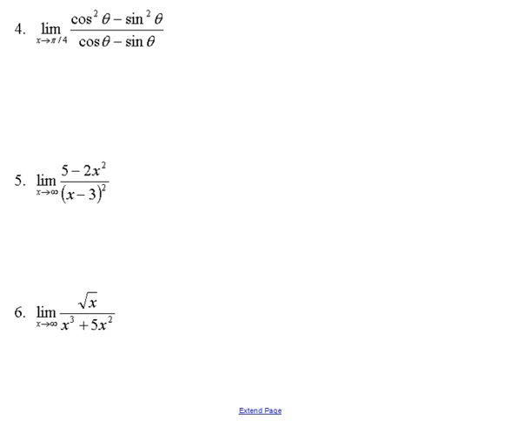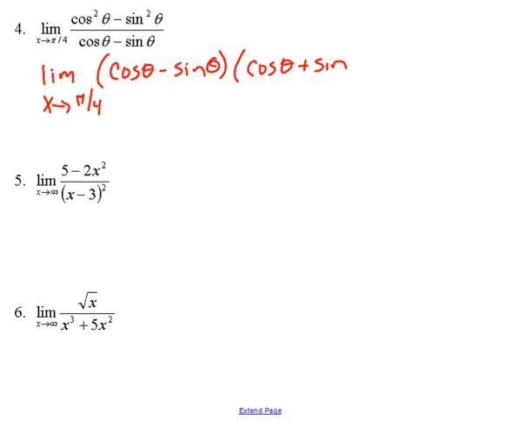Okay, let's look at the next ones. All right, cosine squared minus sine squared over cosine minus sine. The squares on top scream factor to me because I see that's the difference of squares. So I'm just going to go ahead and do that. So that factors to be cosine theta minus sine theta times cosine theta plus sine theta.